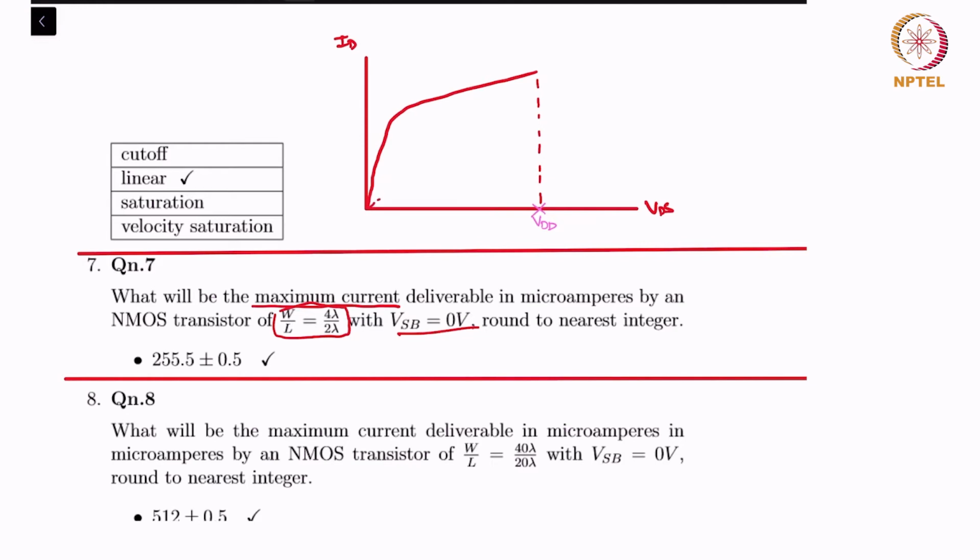We also know that there are various curves for VGS of various values. So we'll have to take the highest possible VGS value, that is also the curve corresponding to VGS equal to VDD, to get the peak drain current value for this NMOS, right?